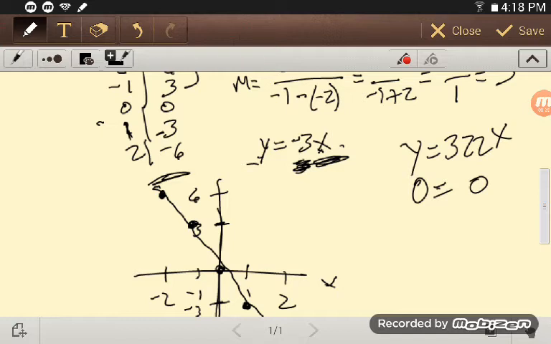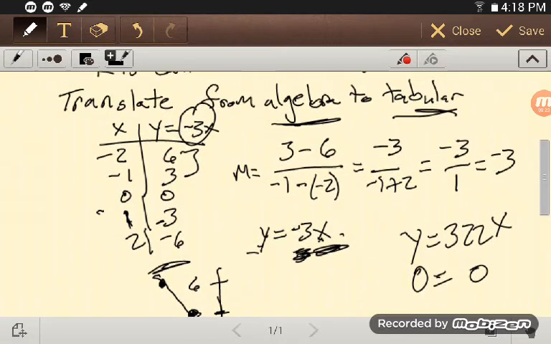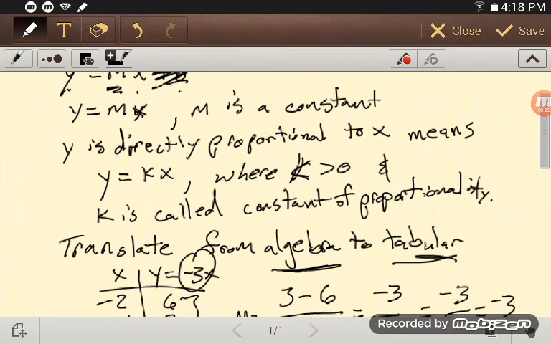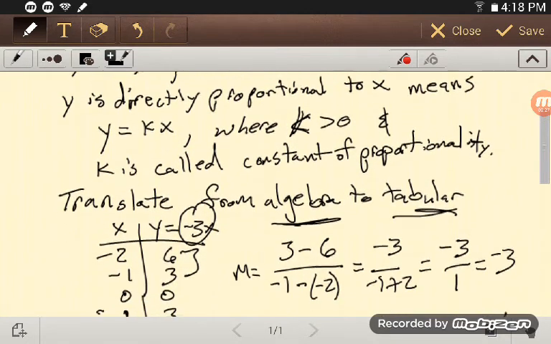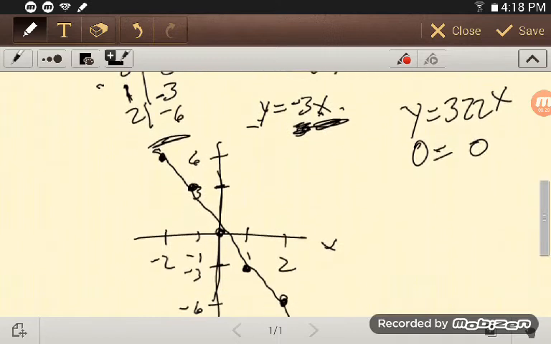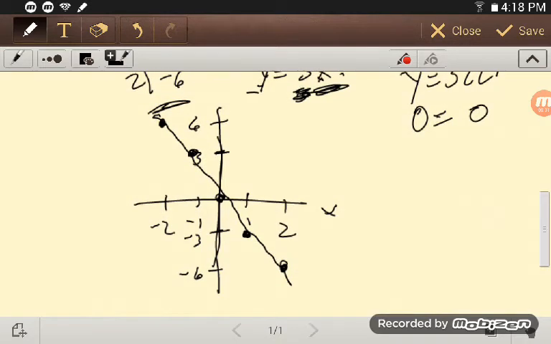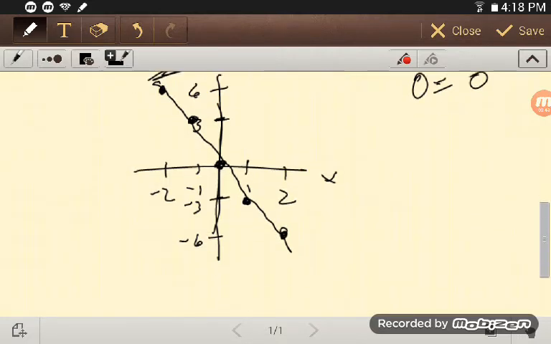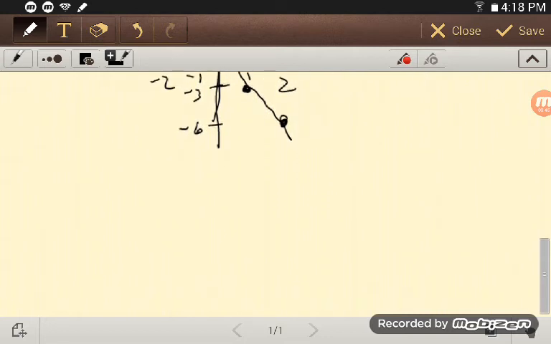So 0, 0 always makes this type of equation, y equals mx or y equals kx in the case of proportionality, it always makes those work. And so what I now know is I always get a line that goes through the origin of my Cartesian coordinate system.